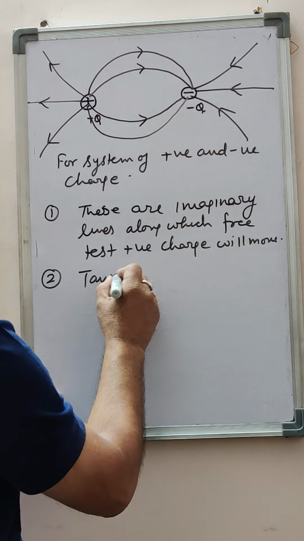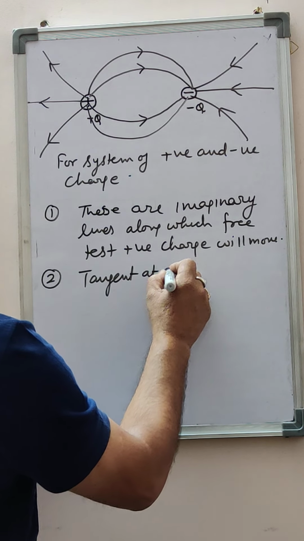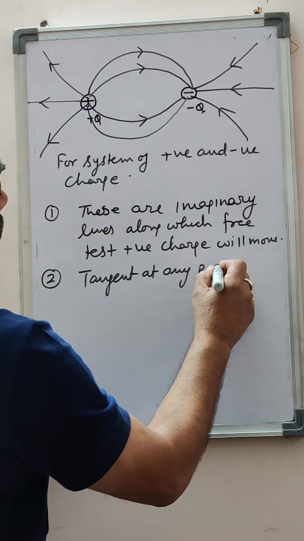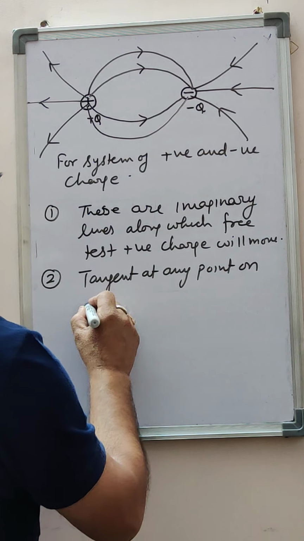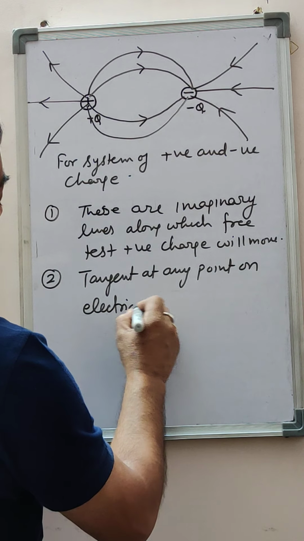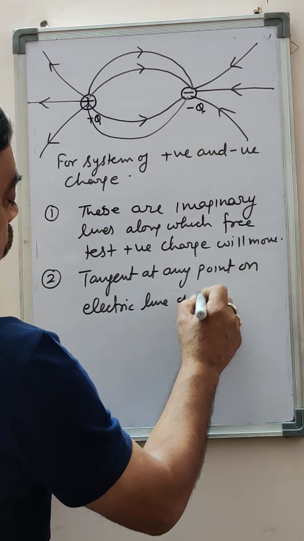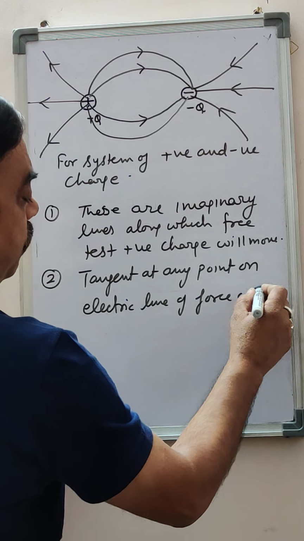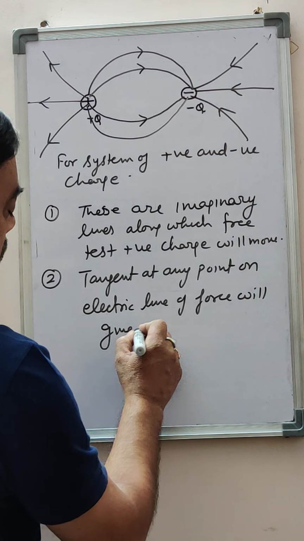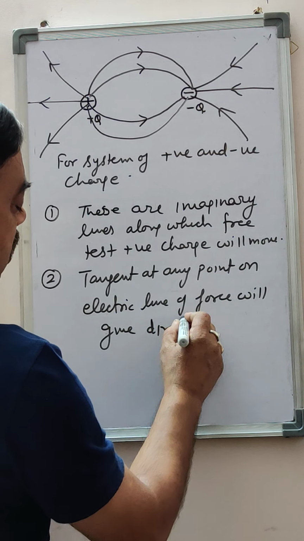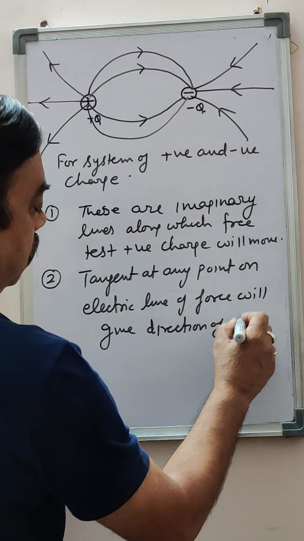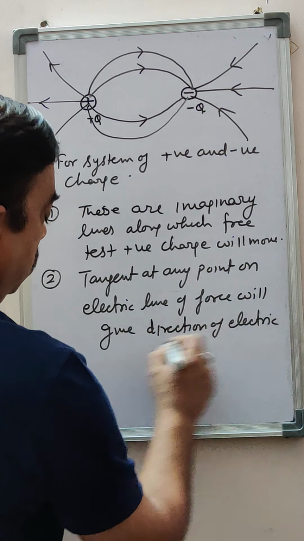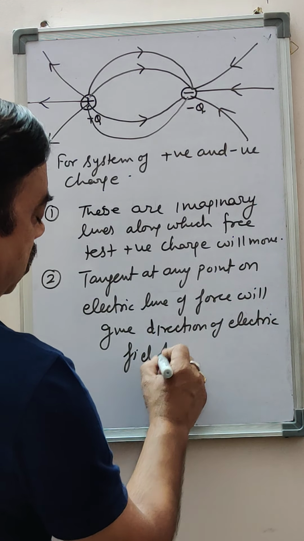Tangent at any point on electric line of force will give the direction of electric field at that point.